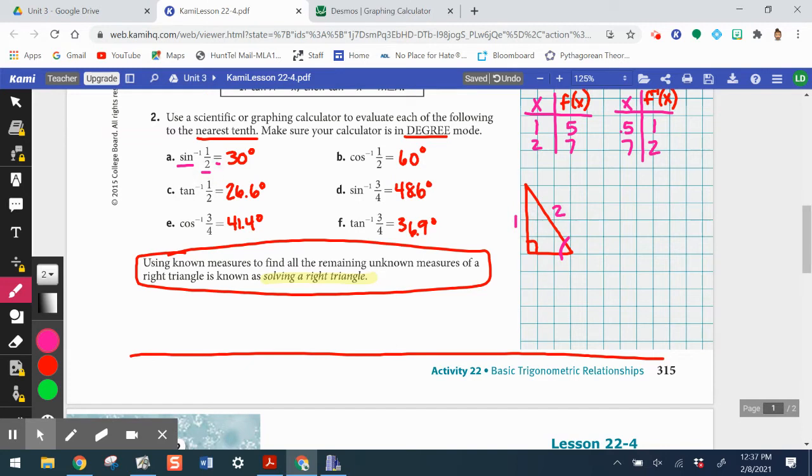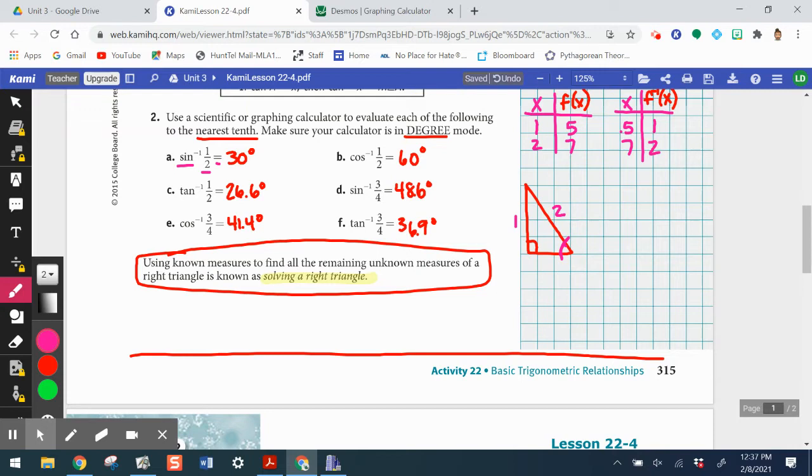Doesn't necessarily mean the side opposite of it is 1 and the hypotenuse is 2. The ratio of the opposite side to the hypotenuse is 1/2. So how can we find the measure of that angle? Well, if I know the opposite side of that angle compared to the hypotenuse, then I'm going to use the sine function.